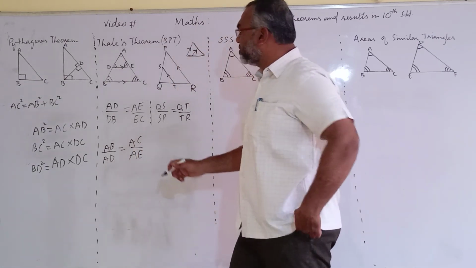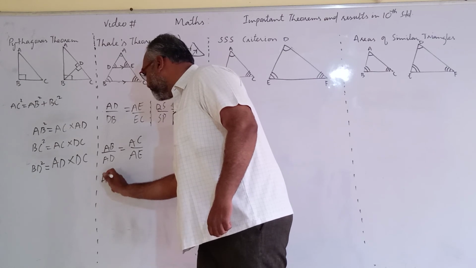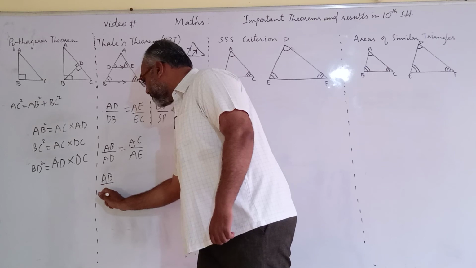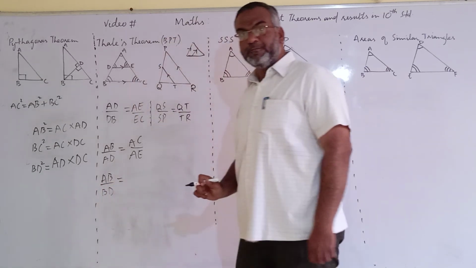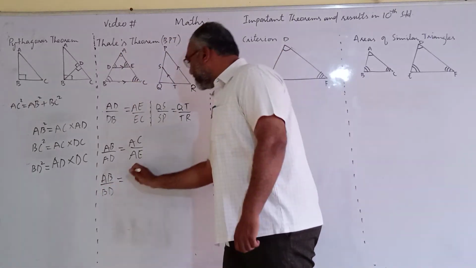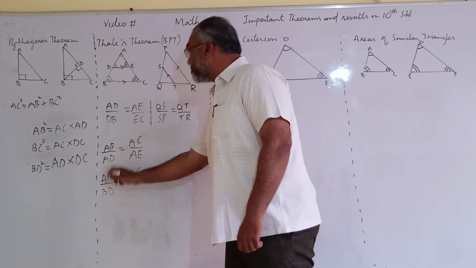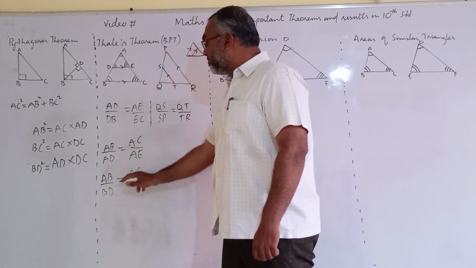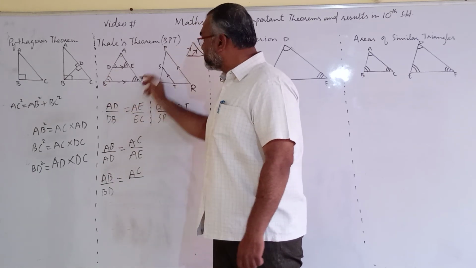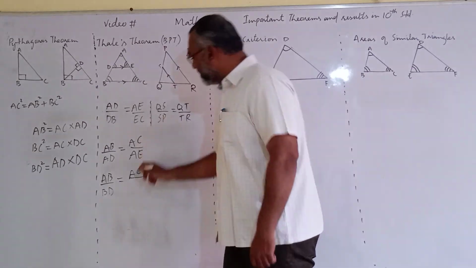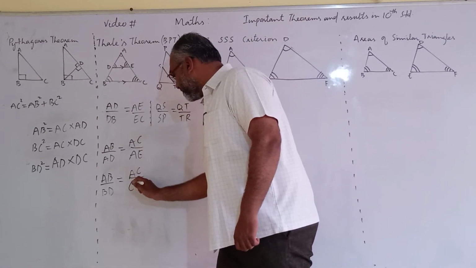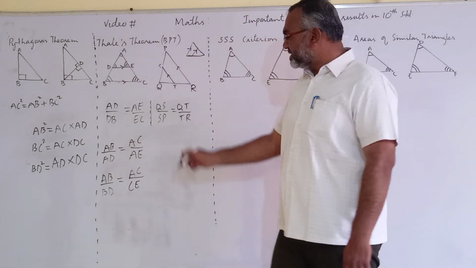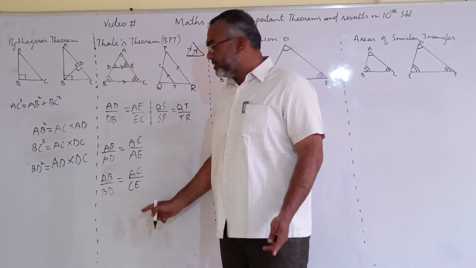Or you can also do this, AB divided by the lower part BD will be equal to AC, because I took AB full length, so here also I am taking AC full length, divided by the lower part CE. This is another important result you can use.